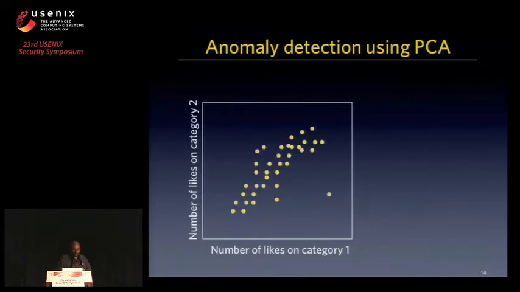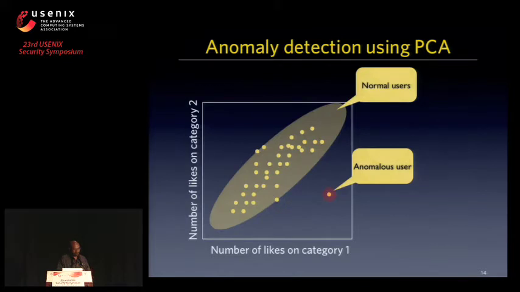For a moment, let's assume that a bunch of users are normal users, as highlighted here, and there is one anomalous user. If you look at the normal users, you will notice a pattern: most of them have roughly the same number of likes for category 1 and category 2. The anomalous user deviates significantly from this normal behavior. What we want is to take a tool like PCA and find out automatically which is the anomalous user here.